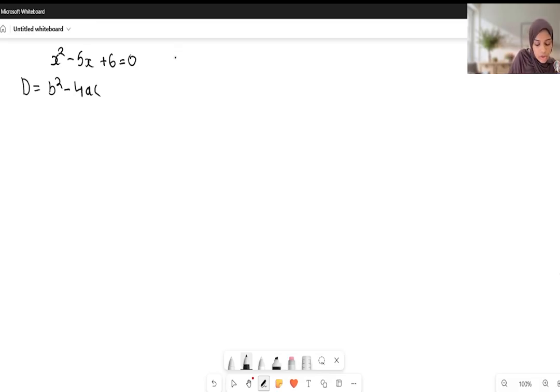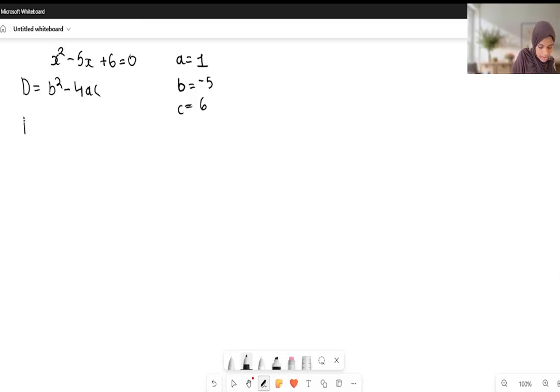As I told, the coefficient of x square is a, which is 1 right now, and the coefficient of x is b, which is minus 5, and the constant term is the value of c, which is 6 right now. Okay, so we found the values of a, b, and c. So now we can substitute these values into this equation to find the discriminant.